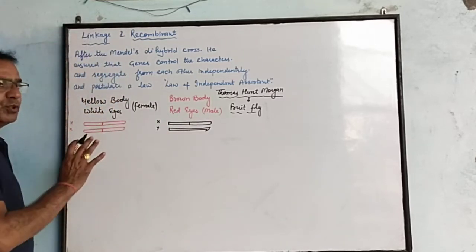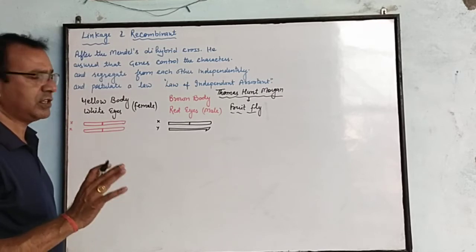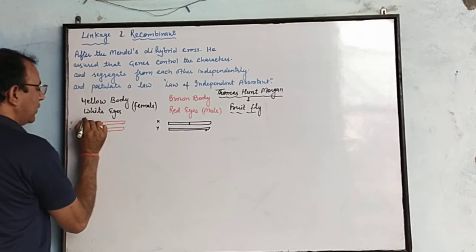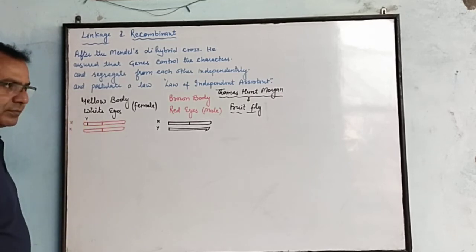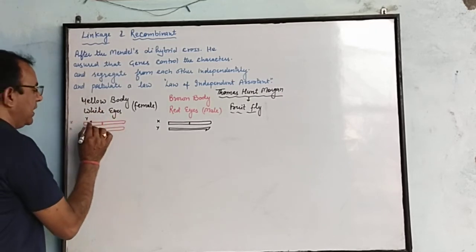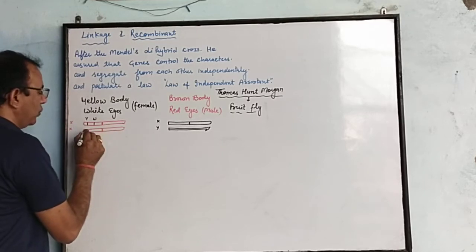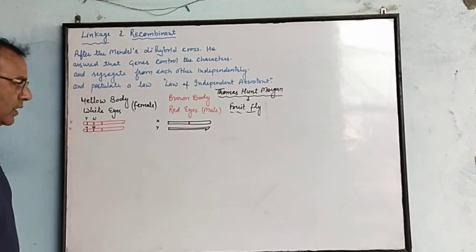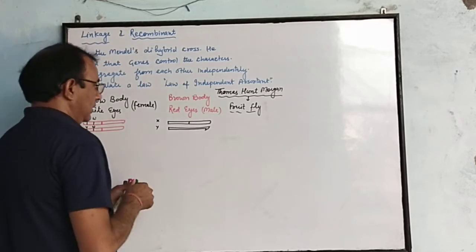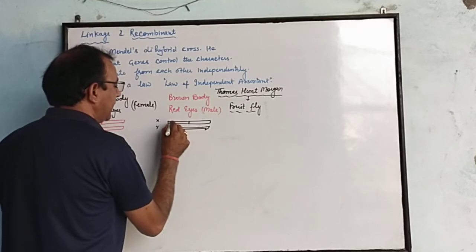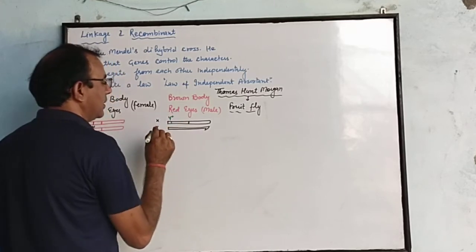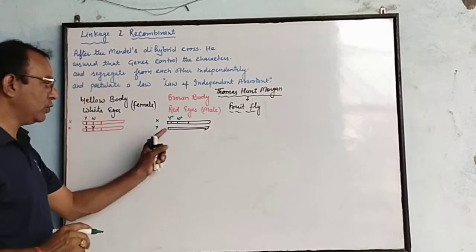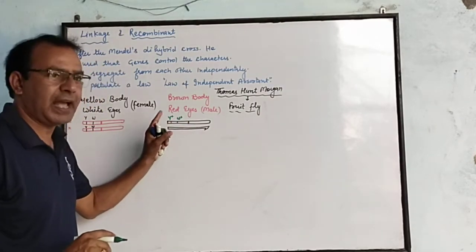The X chromosome shows the position of the genes' location. Suppose yellow body is represented by Y and white eyes by W, so the female contains yellow body, white eyes. The brown body is represented by Y plus and red eyes by W plus. There are no genes present on the Y chromosome, only on the X.